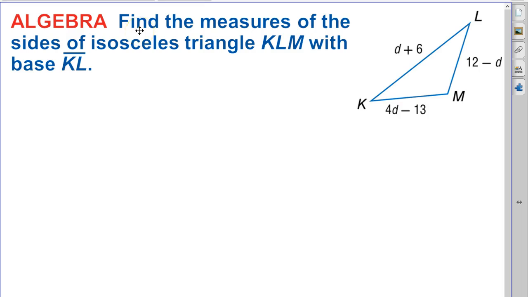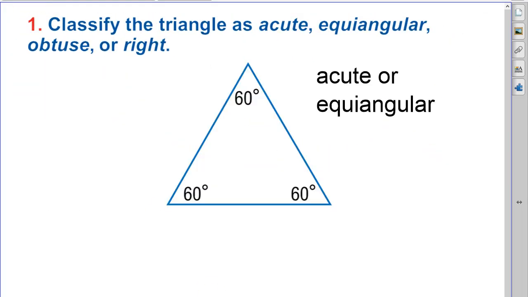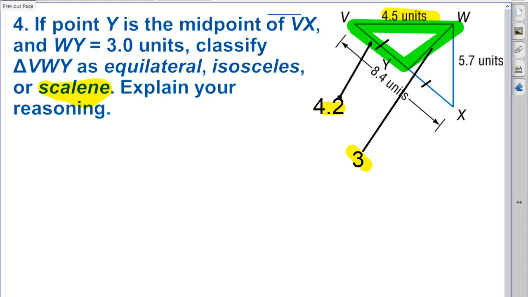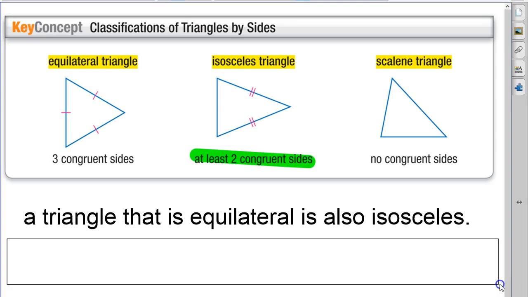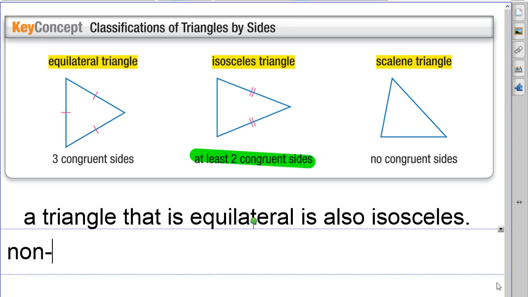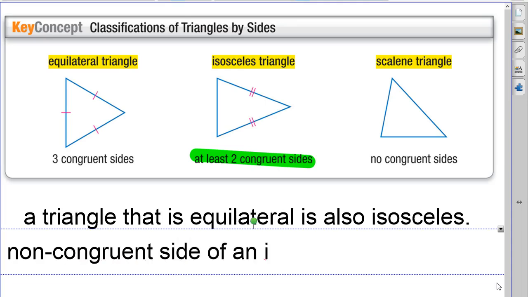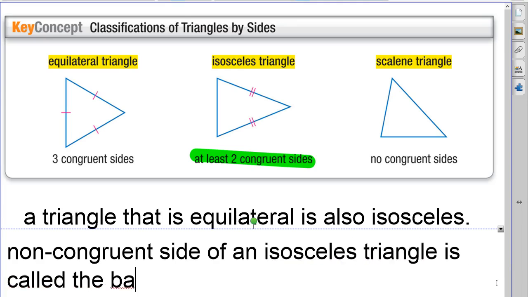Next type of problem is an algebra one. In this problem, it says find the measures of the sides of an isosceles triangle KLM with base KL. Now, one of the things I just realized is I forgot to mention way back in this drawing that the non-congruent side of an isosceles triangle is called the base.